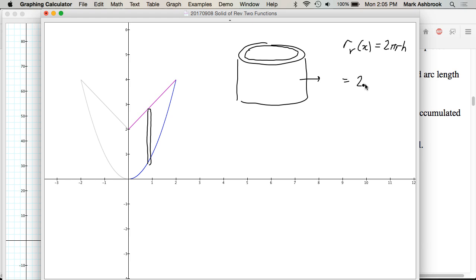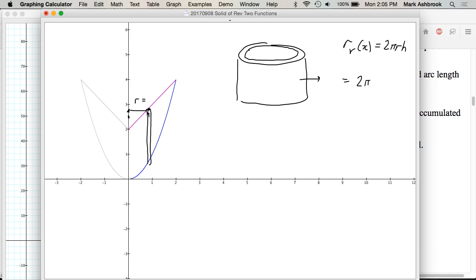All right, so the question is, we've got to get the radius in terms of x and the height in terms of x. So come back here. The radius of this thing is going to be what? From here to here. That's the radius of this cylinder. And you need to recognize what that is.